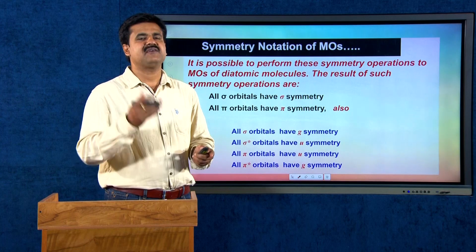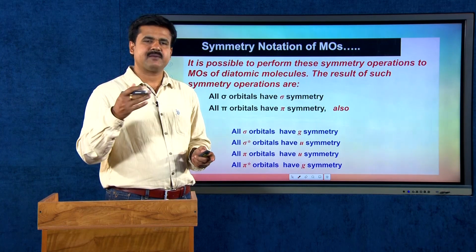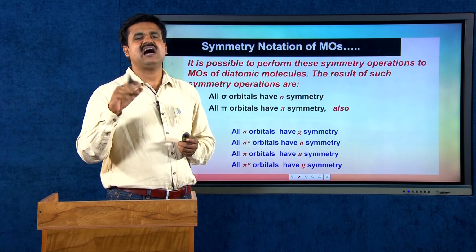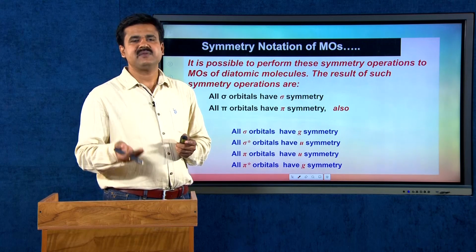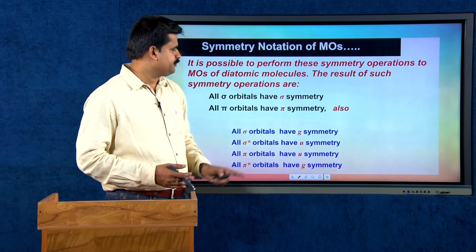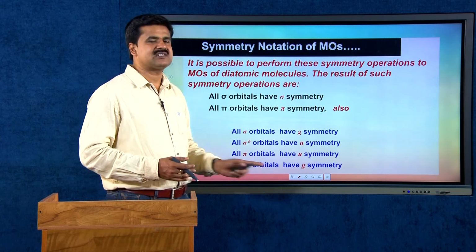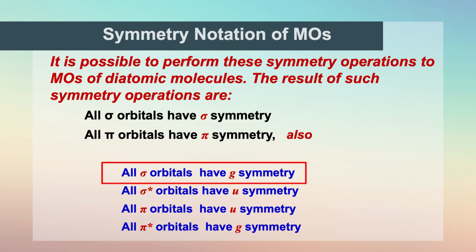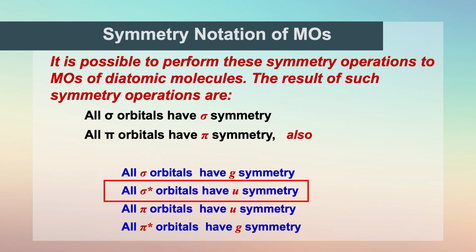If I take a pi orbital or a pi star orbital and perform molecular axis rotation, then the arrangement changes. Moreover, this result is also very important regarding the center of inversion. All sigma orbitals have gerade symmetry. All sigma star orbitals have ungerade symmetry.